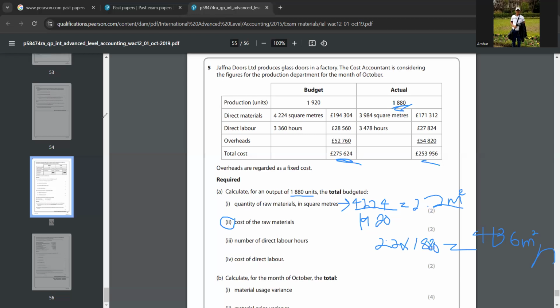Oh, wait, no. So we need to take the direct material value and then divide it by the 4,224 square meters. Direct material value divided by the square meter value. So tell me the value and the square meter value. Tell me fully. Just a minute.